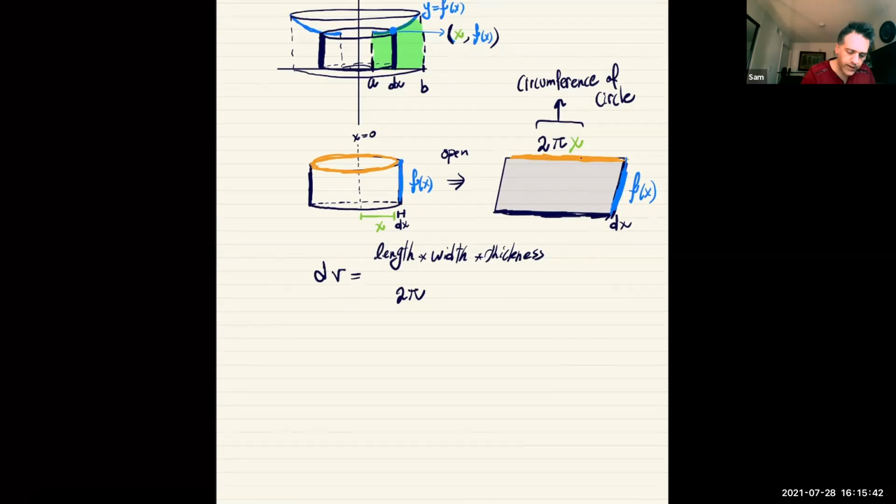Maybe I should just write all that in orange. Width is f of x, and thickness here is just dx. So this gives us dV. And dV means just an increment of volume. It's just the volume of the cylindrical shell.